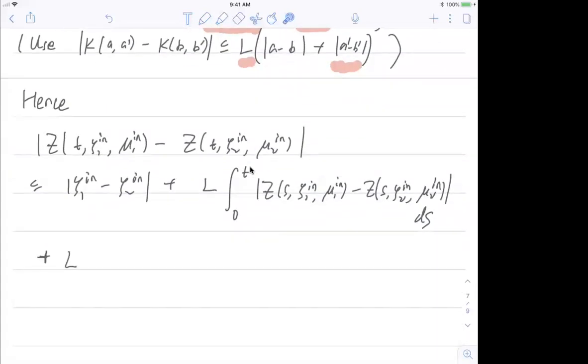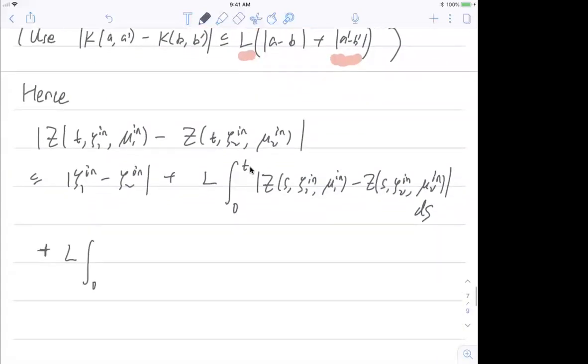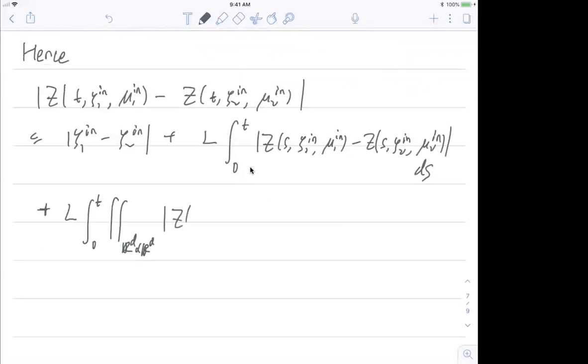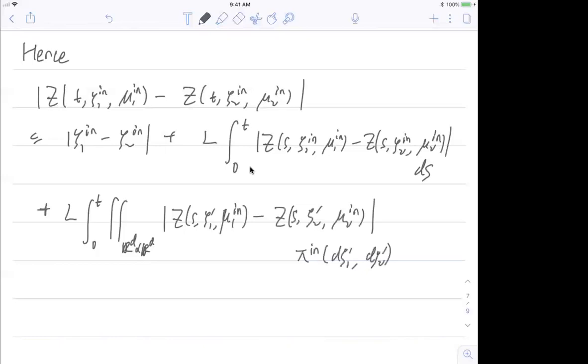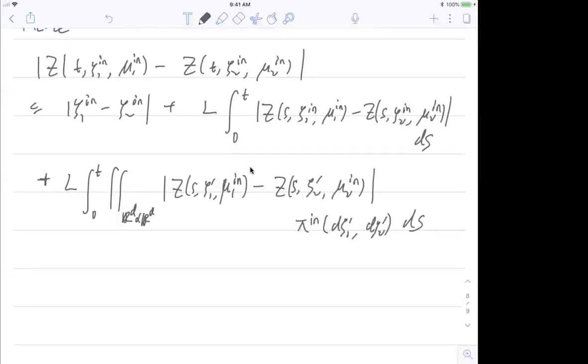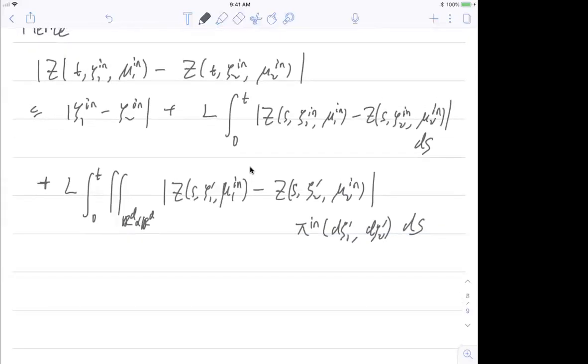But for the second term, we have the second integral, which is ds. Okay, so we are almost done.